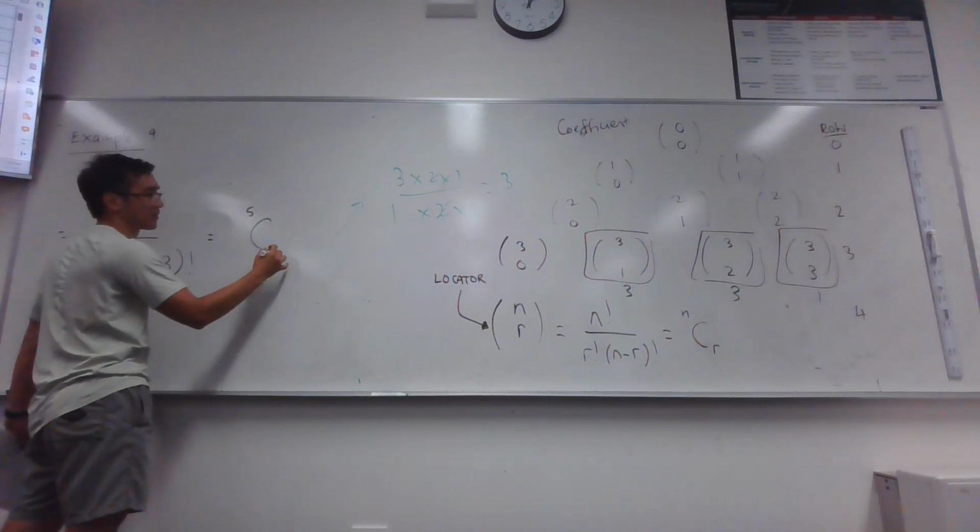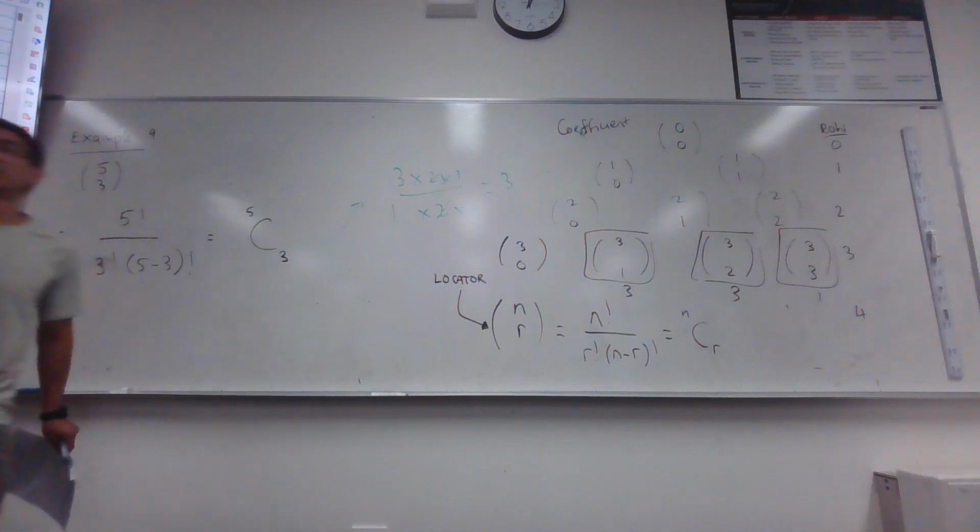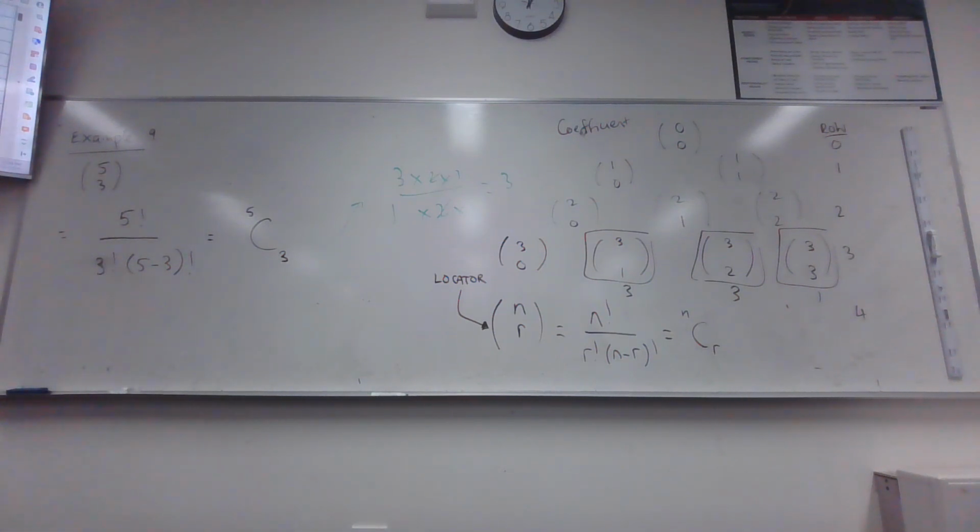Well, I won't get into combinations yet. Too many new things happening. I've just applied the equation. Now let's try and work it out. 5 factorial. What's 5 factorial? 120. What's 3 factorial? 6.